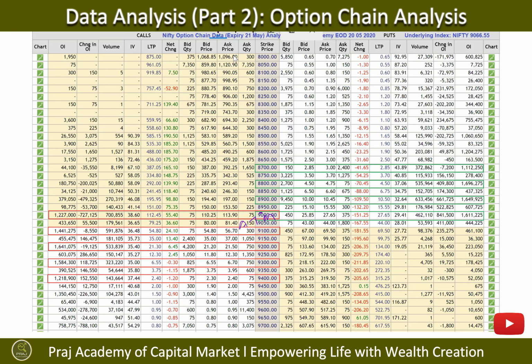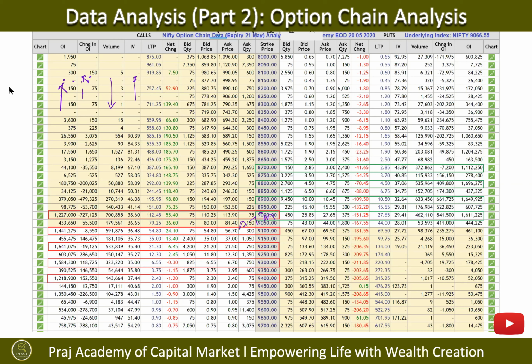On the left-hand side, you see the data of calls. On the right-hand side, you see the data of puts. The first column itself is open interest, this is the total open interest. The next column is change in open interest. This is a column where you can see the volumes. This section, you can see implied volatility.